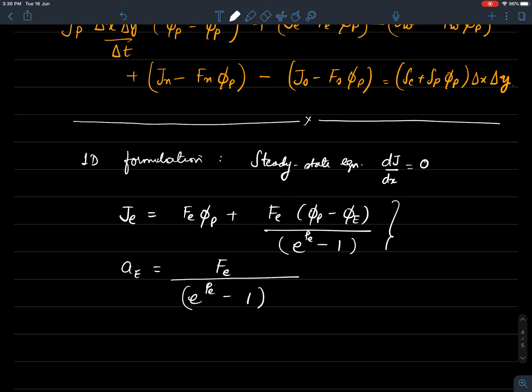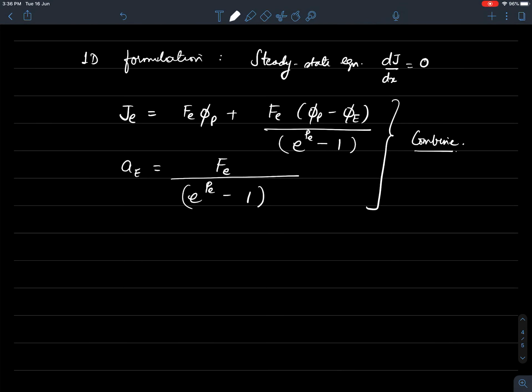And if I combine these two equations, we could write Je minus Fe phi p to be Ae times phi p minus phi e.